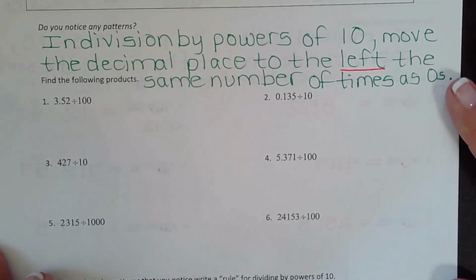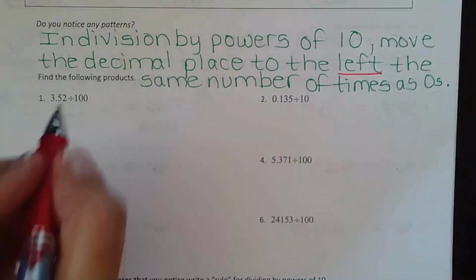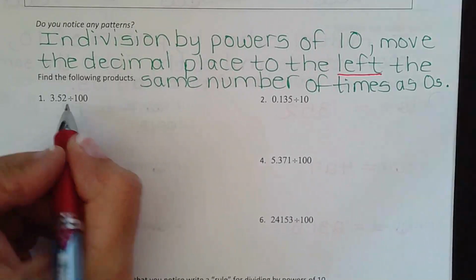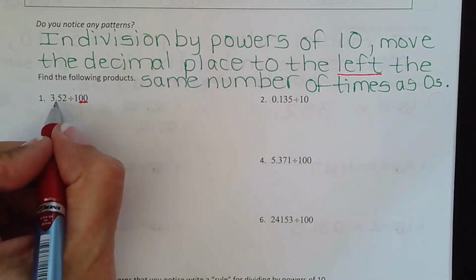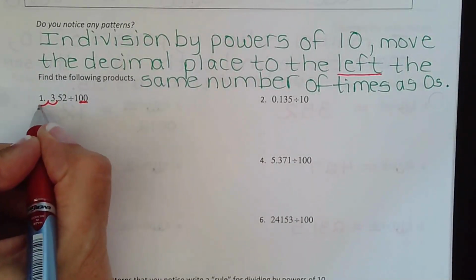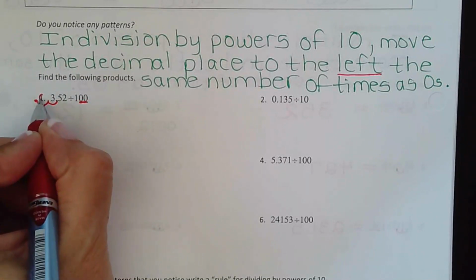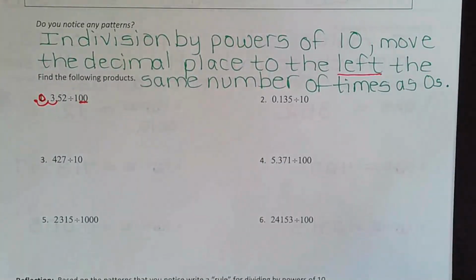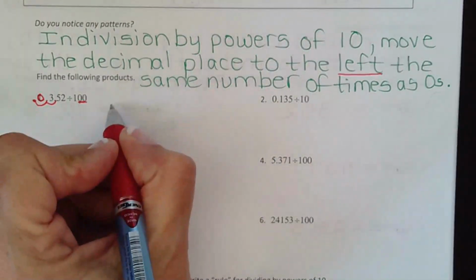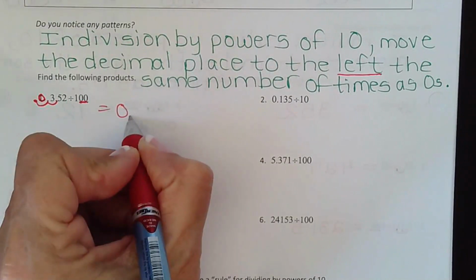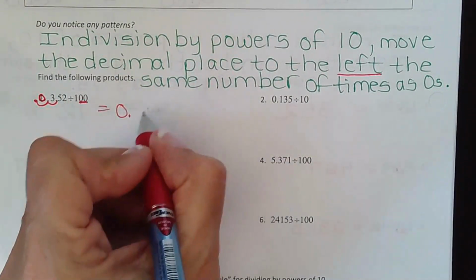So divided says go left 2 places. 1, 2. So there's no number there, so I need to add a 0. So 1, put it in front of the 3, 2, put it in front of the 0. So that's going to be 0.0352.